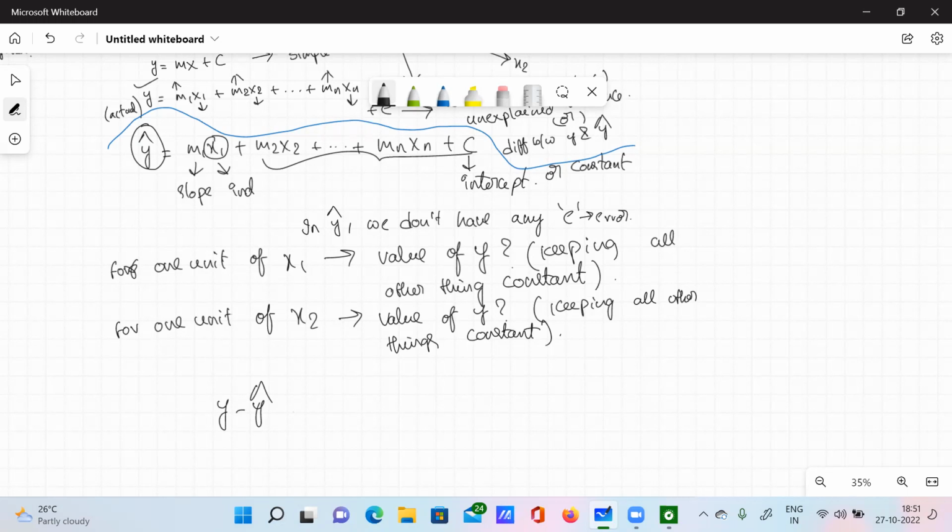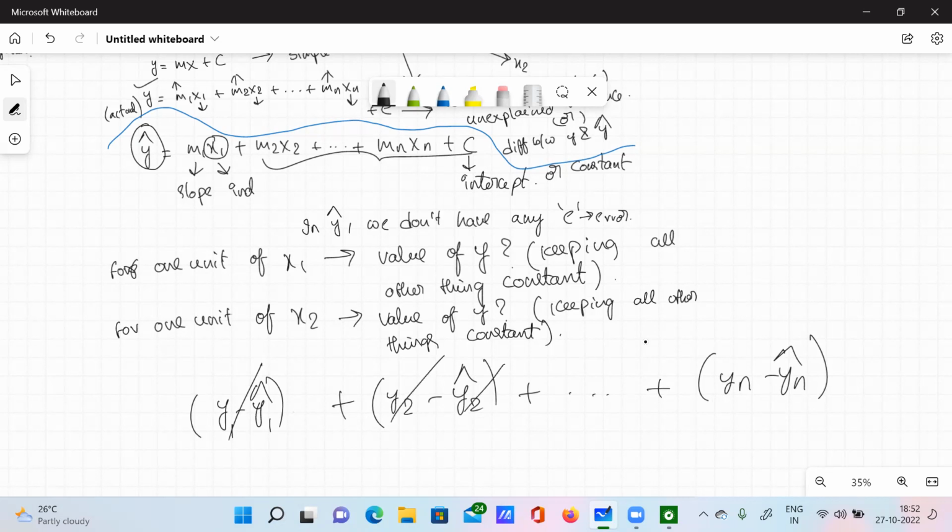For example, you calculate y1 minus y1 hat, add y2 minus y2 hat, and so on, plus yn minus yn hat, right? So all the pluses and minuses will cancel each other, and you will be left with the value 0.